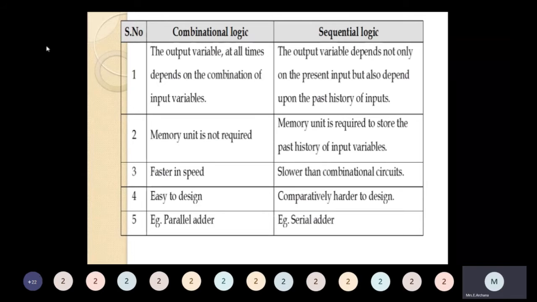Why serial adder? A serial adder depends on the previous carry. So once the first bit, the LSB, is finished, only then will it start doing the next bit. So that is the case of a serial adder.